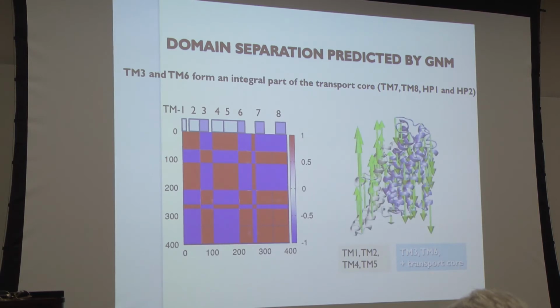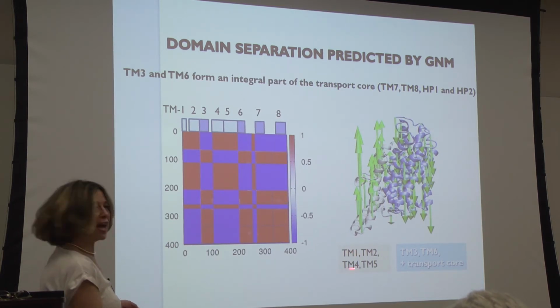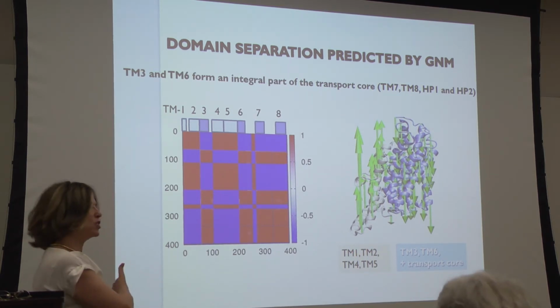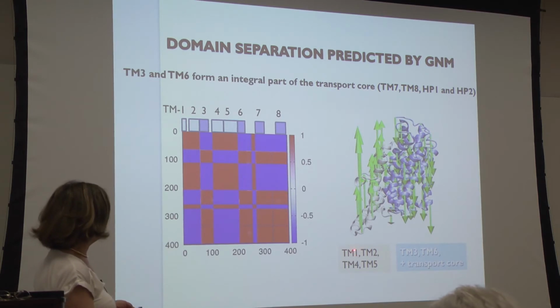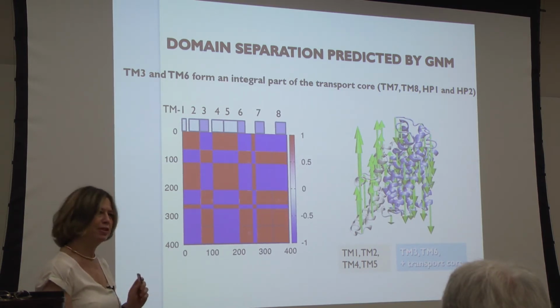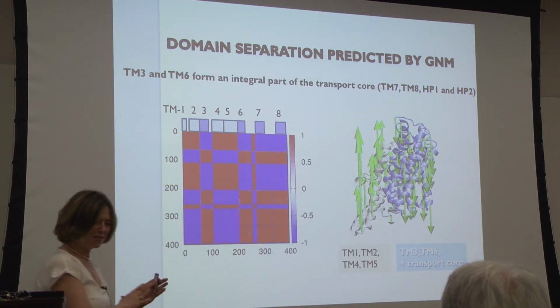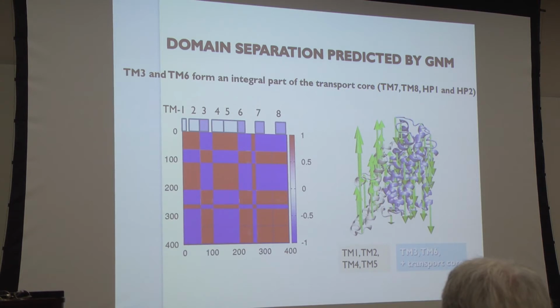So essentially, we have the scaffold, what I call the scaffold, originally said to be from TM1 to TM6, which only involves those 4 helices. And the transport core is now the old transport core plus TM3 and TM6. Now they corrected that in the literature. For several years, that was a wrong description.